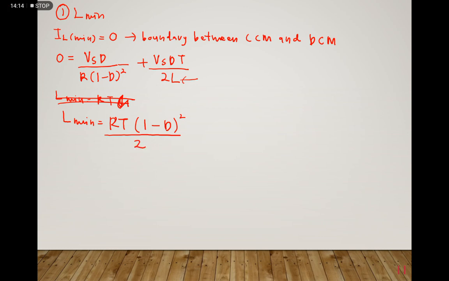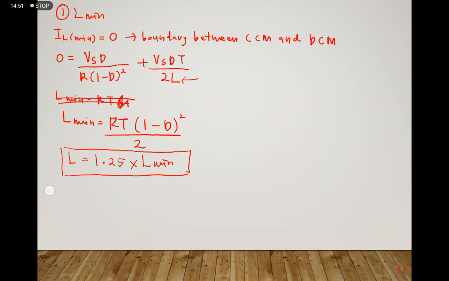So this is the L min equation that you get by setting the IL min equation equal to 0. Then, to find the L that will ensure the converter operates in CCM, we take a 25% margin greater than L min, so you multiply 1.25 by L min.